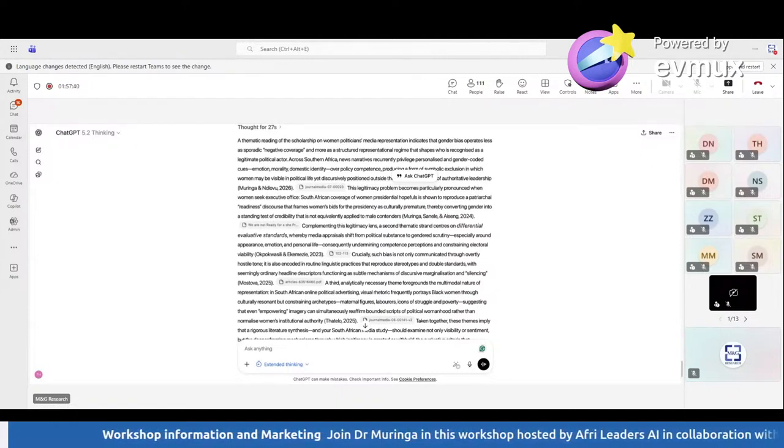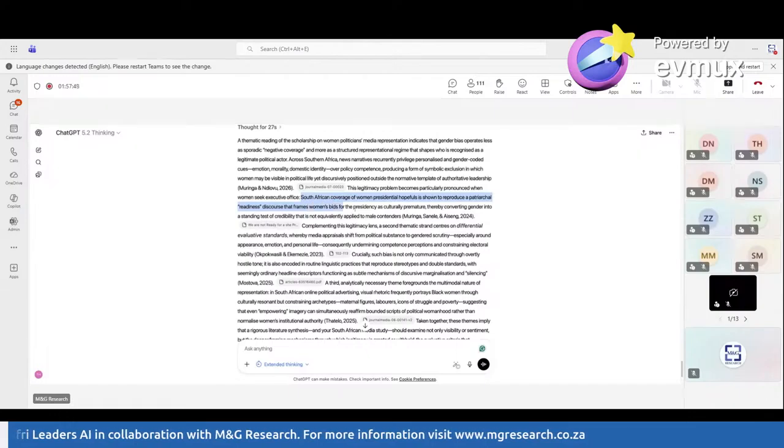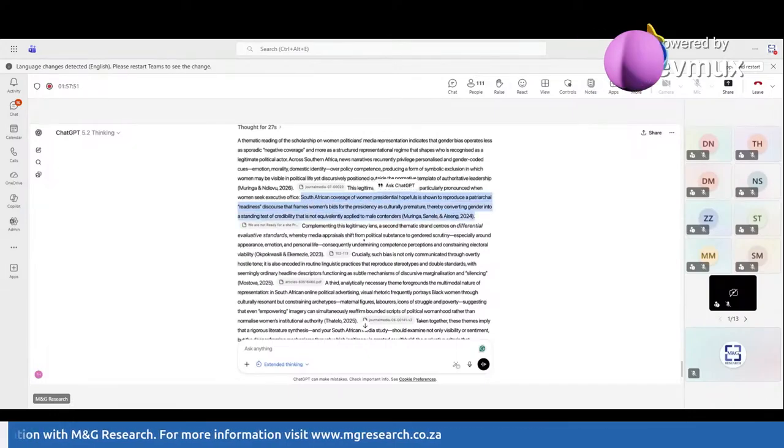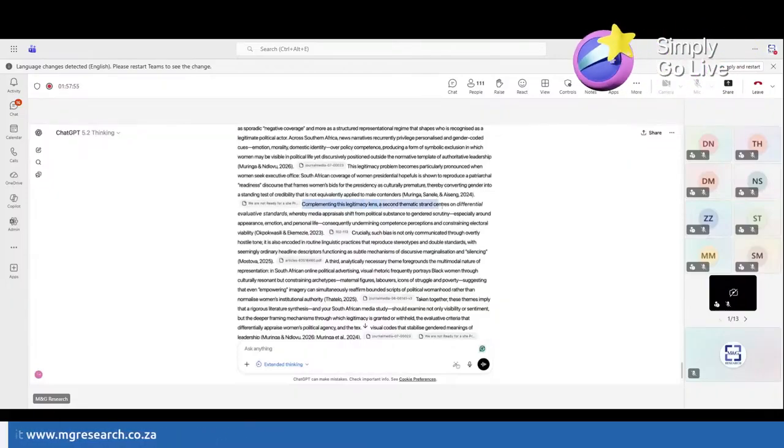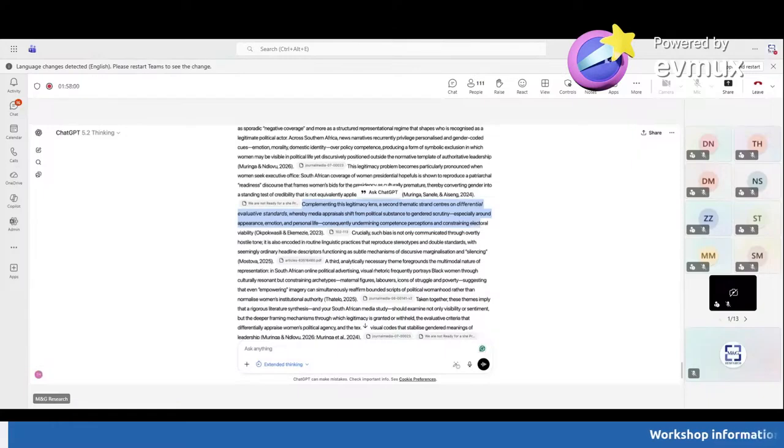It comes in here, then it is supported here by this citation, right? Then it goes on to say, complementing this legitimacy lens, a second thematic strand centers on differentiated evaluation, right? Now we are synthesizing.